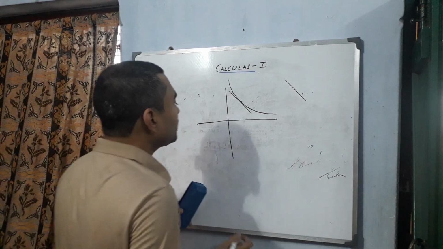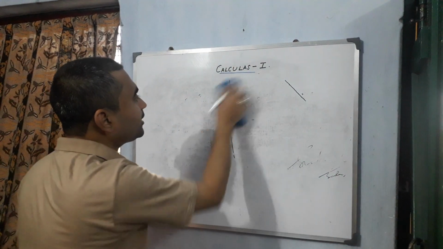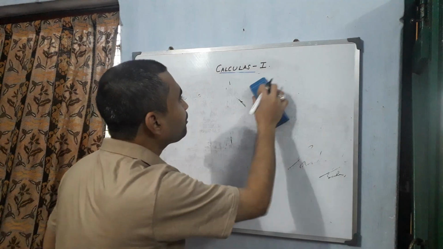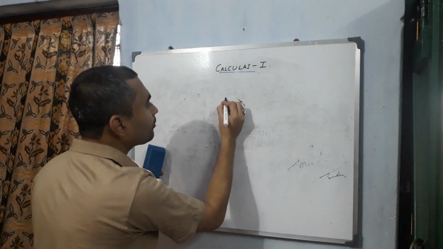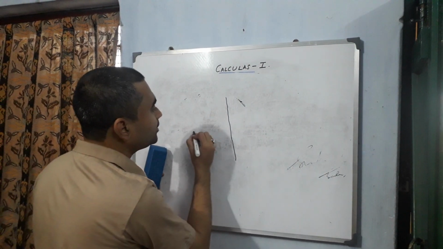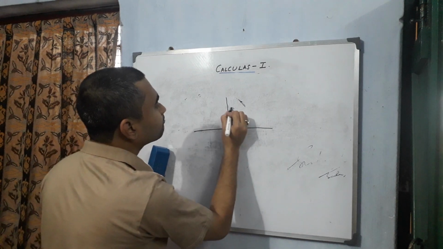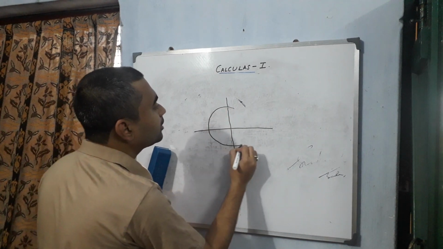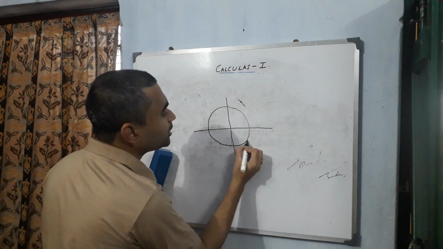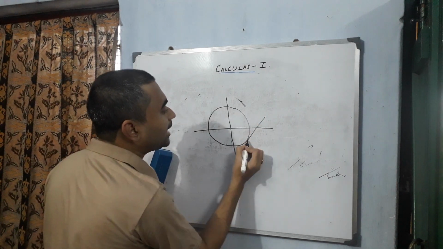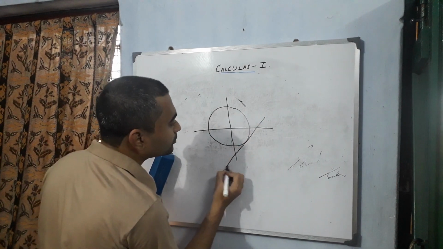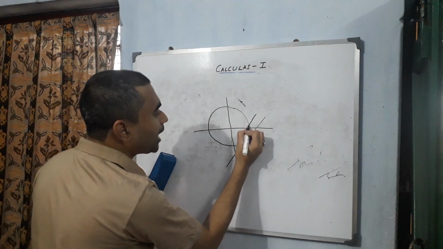So in case of a circle, suppose here is the tangent, we can make parallel lines.